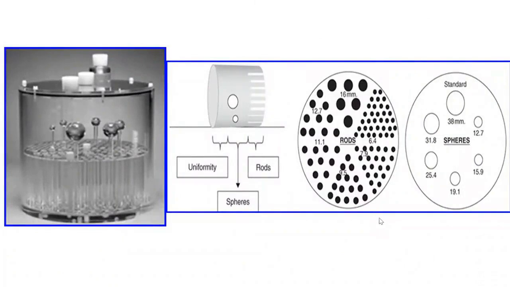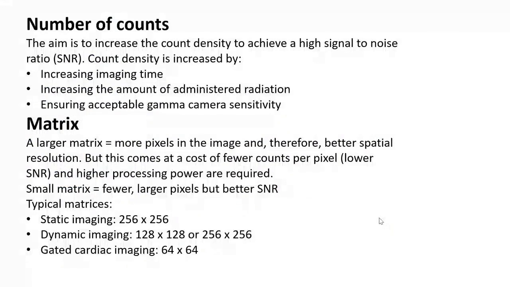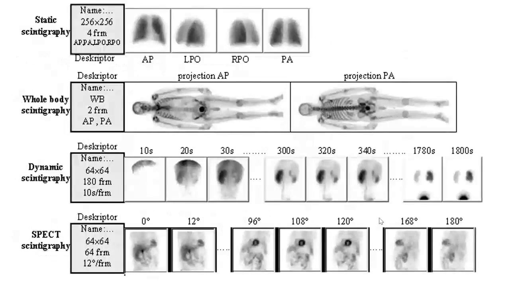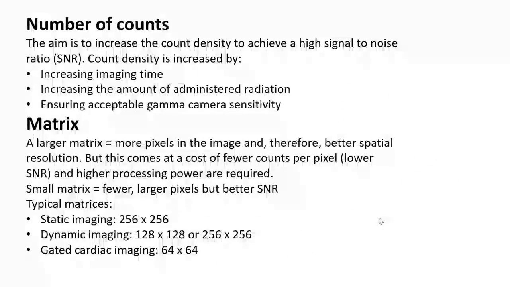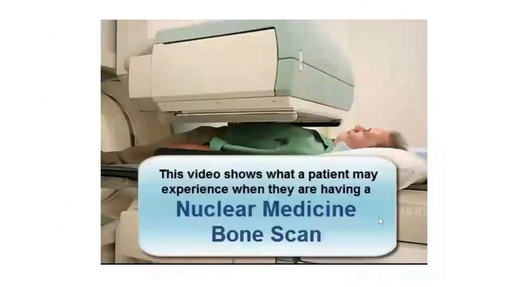We also discussed extensively the topic of the phantom and mentioned that it is used in image quality assessments or tests related to SPECT or the gamma camera. We talked a bit about noise and its relationship with the matrix from the last time.